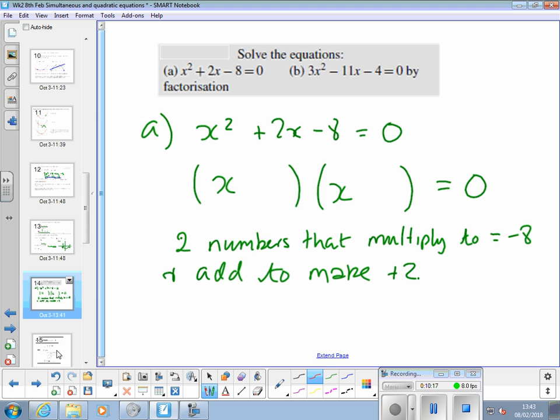Well, let's have a look. What I tend to do is right over here, just note what the combinations are that multiplied together will give me minus 8. What combinations are there that will multiply to give minus 8?